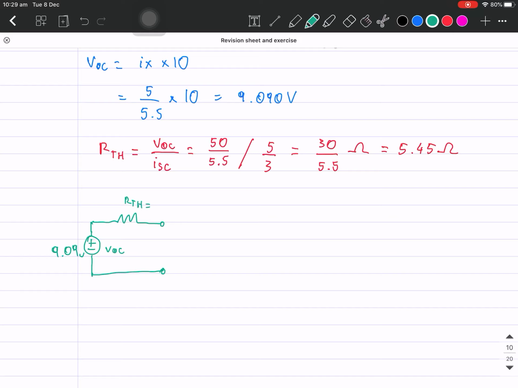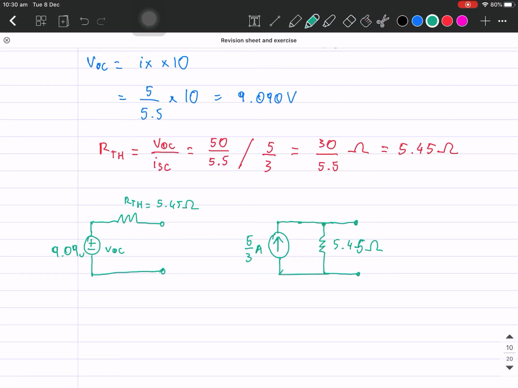And this is our Thevenin resistance, which is 5.45. This one is going to be the Norton equivalent. So we have the current source, short circuit current, 5 over 3 amp, and the parallel resistor, which is 5.45. Right, good.